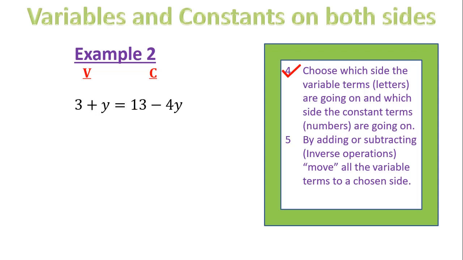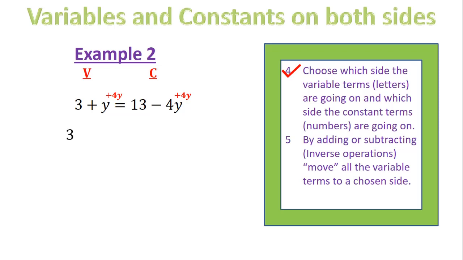So what this means is I have to get all my variables that are on my constant side to my variable side. In other words, I need to get my negative 4y to the variable side. Now, to do this, we use our inverse operations, and so my opposite of negative 4y is positive 4y, and so I add 4y to both sides.